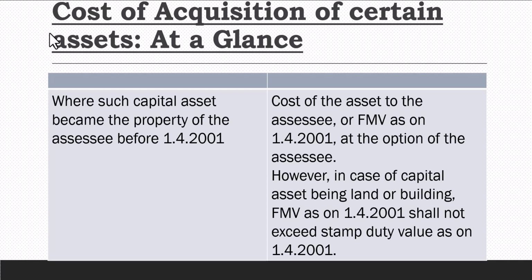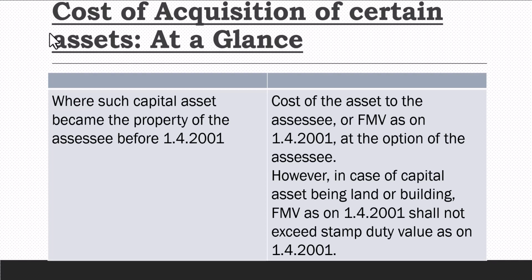So that means there will be three values. One will be the price at which this person purchased the house, land or building, or the fair market value. If the property was purchased before 1st of April 2001, then he has to find out what was the fair market value on 1st April 2001.